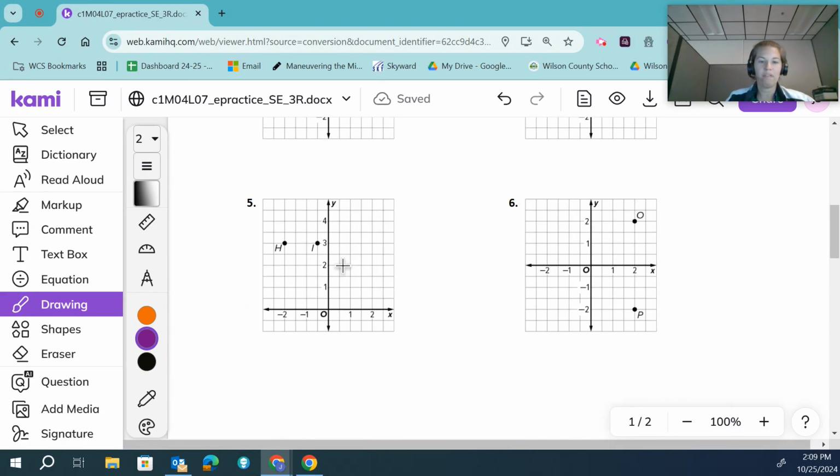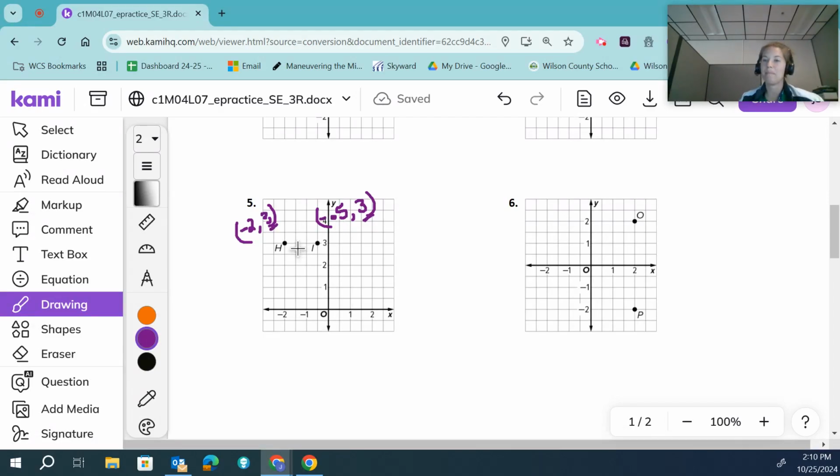Now number 5, notice H and I are on the same side of the y-axis. Your ordered pairs here are (-2, 3) and (-0.5, 3). Again, paying really close attention to what my axes are labeled to know their points. The threes are the same, so we're not finding distance between those. We're looking at our x values here, -2 and -0.5.